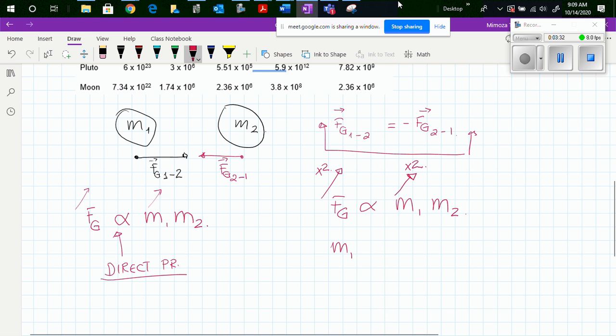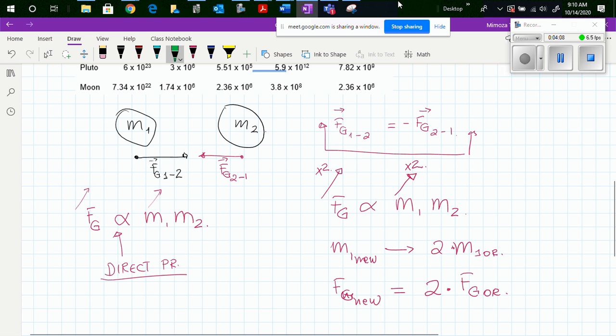If the new mass 1 becomes double the original mass 1, then the new force of gravity will become 2 times the original force of gravity.